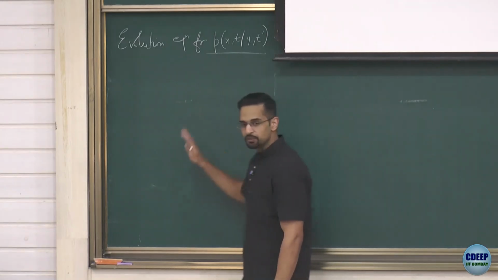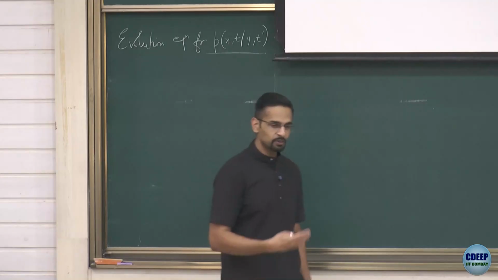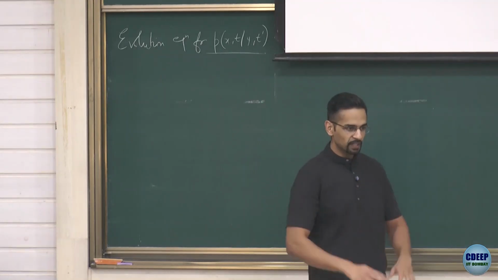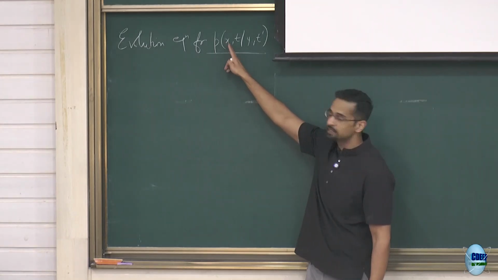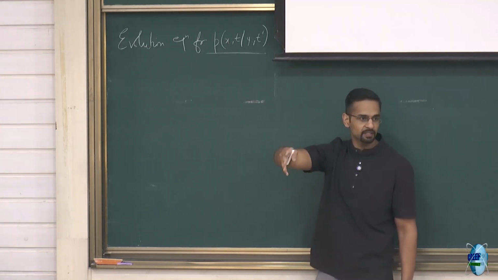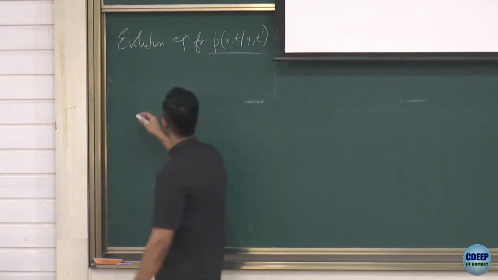So what does work is to think about how an expectation of some function will evolve. So let's say I have this process again which describes how x is changing, how the position is changing. And now I define some deterministic function f of x.